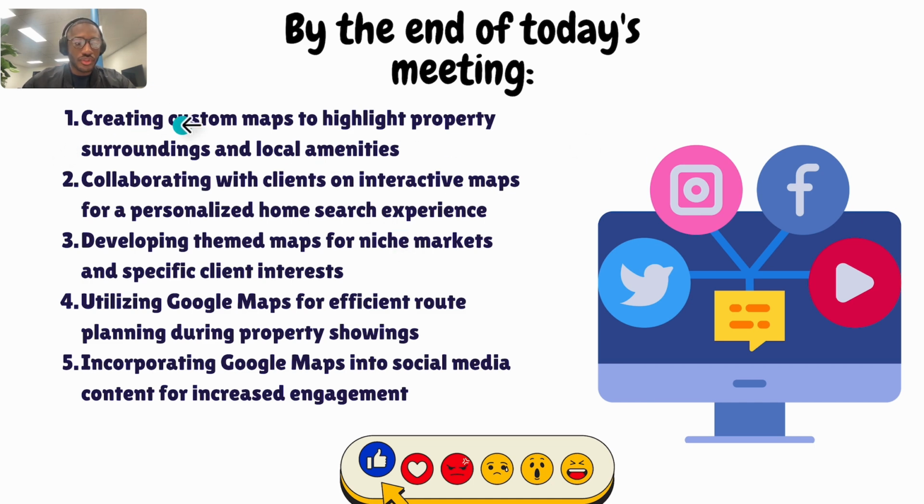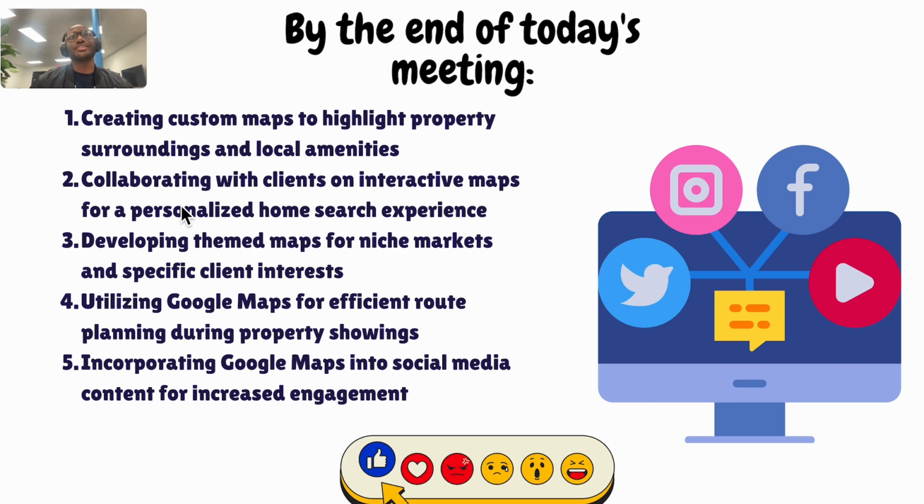So yeah, you'll be able to create custom maps to highlight the cool stuff in a specific neighborhood. So let's say you have a listing in a specific neighborhood, and people come in. There's a bunch of things you can do to actually utilize this that we're about to do today.